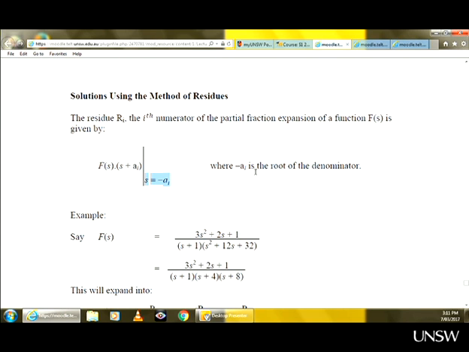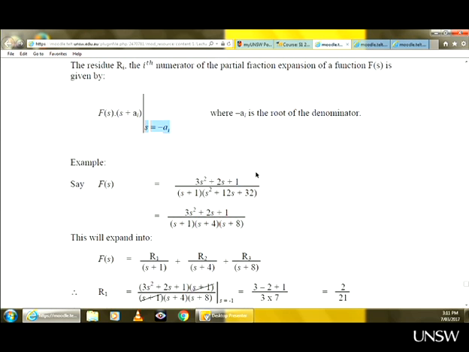Let's do an example just to make it clear. If this is F(s) and you want to find the inverse Laplace transform, first of all, there is a part which is not factorized here. When you factorize, you will get s plus 4 and s plus 8.